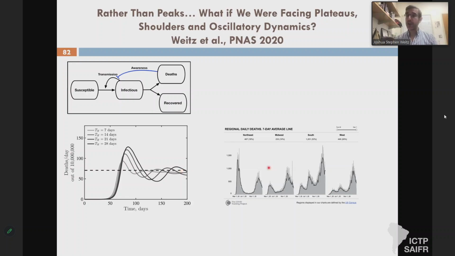Yeah, you can. This is a very good point. You can see in this model, because we're applying the same time invariant awareness model, it's a state model. It depends on the state of the disease. Then the biggest awareness we get is in this first peak.